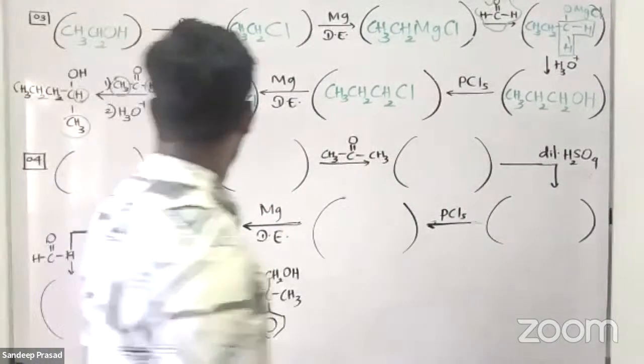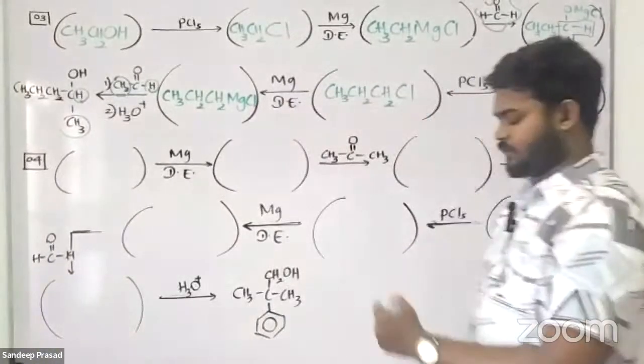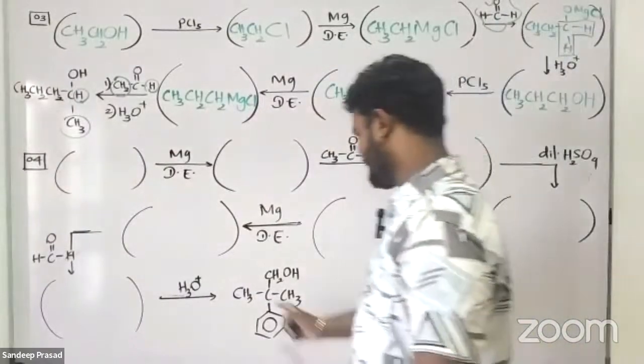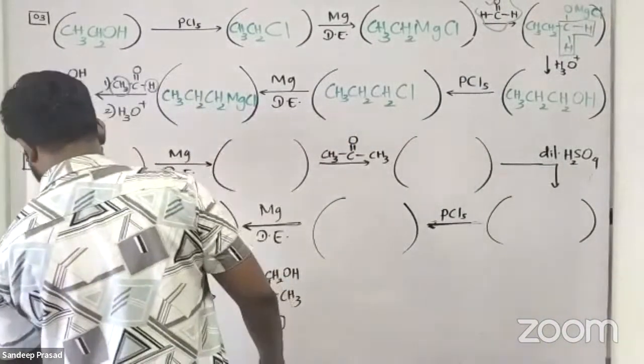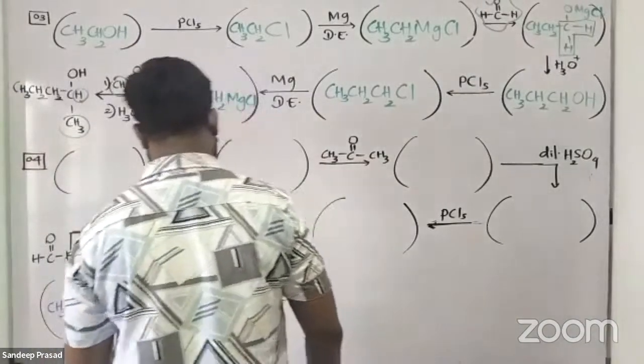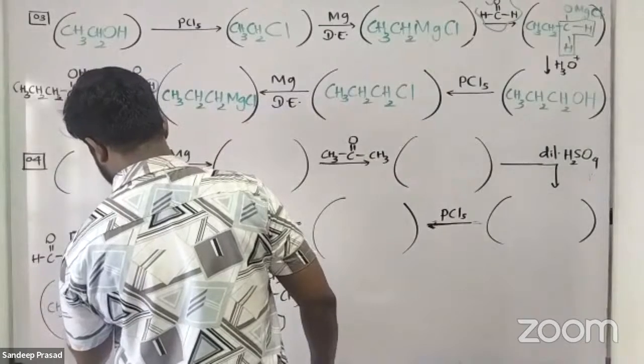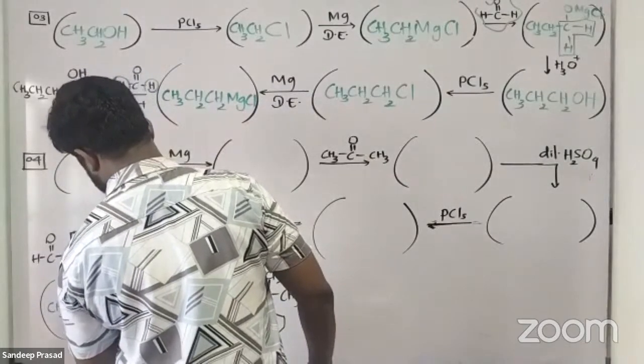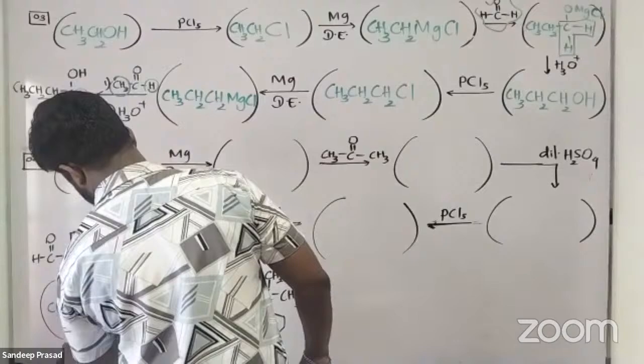Shall we move to the fourth one? Go reverse. So when you go for the reverse here, CH3, CH2Cl, CH3 here, and this is the benzene ring.